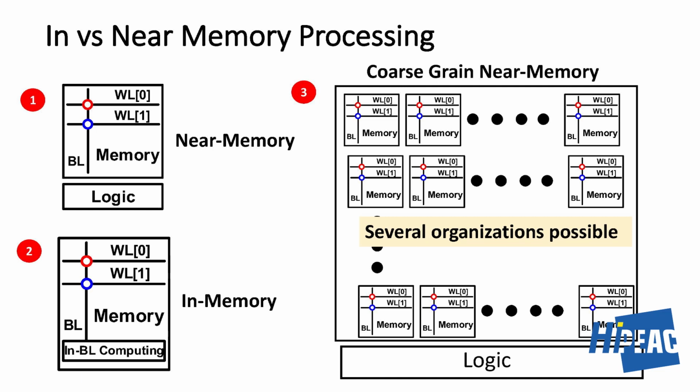The blue dot and the red dot. It has to be in a very specific spot in the memory array, and there are thousands of memory arrays. So how do you align the data so that you can do the operations at the correct time is a big compiler and software problem, right?